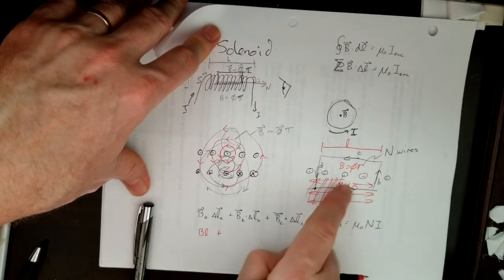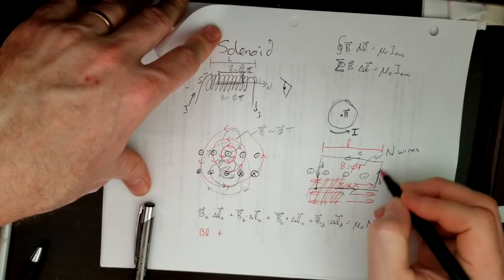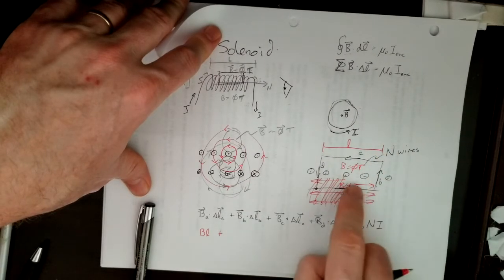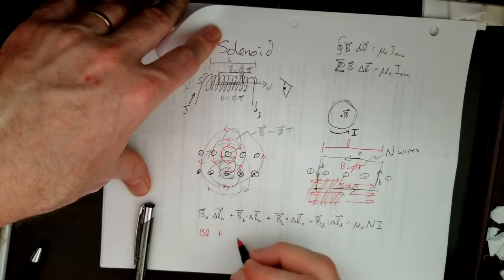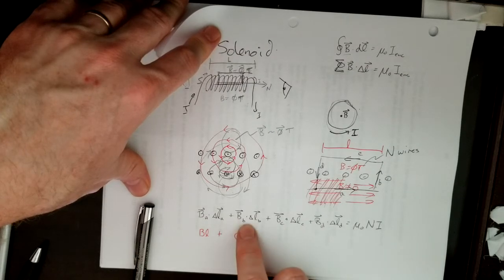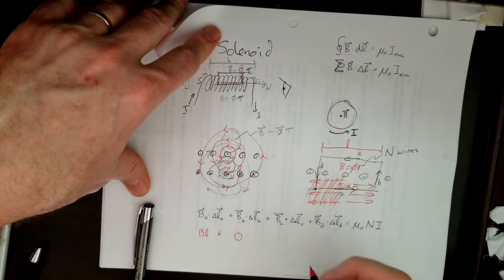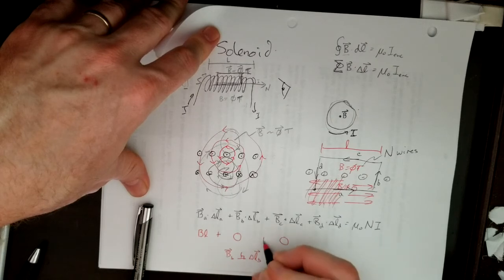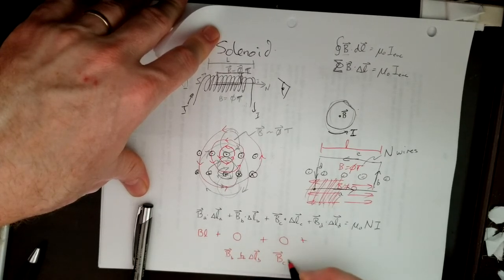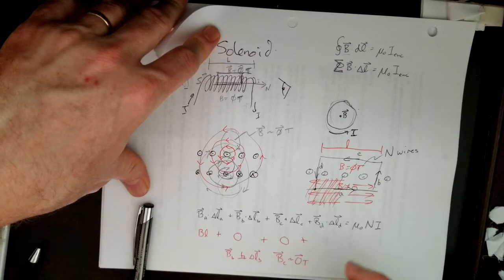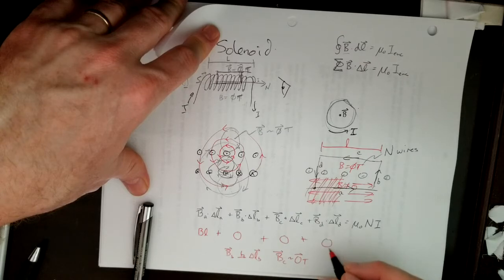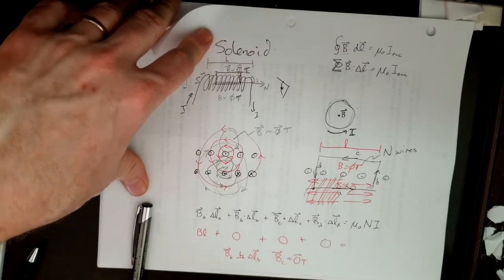In this region right here, my magnetic field is either perpendicular to my length, because remember delta L is the direction of the current flow, so delta L is that way. It's either perpendicular or non-existent. Either way, this is zero, because dot products hate perpendicular. Along c, the magnetic field is zero, because B_c is zero. This one, B_b is perpendicular to delta L_b. And over here, again, perpendicular or non-existent. And so plus zero is equal to that.